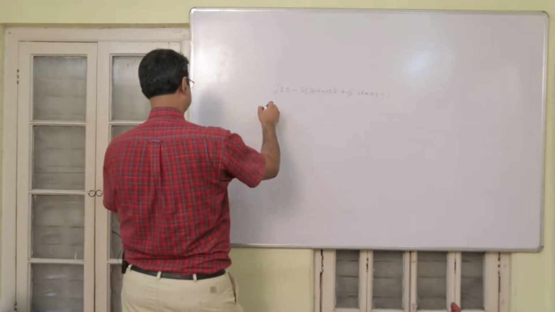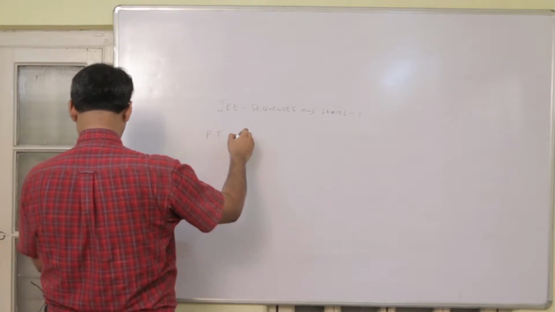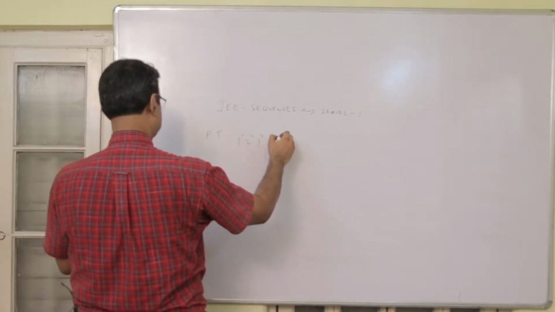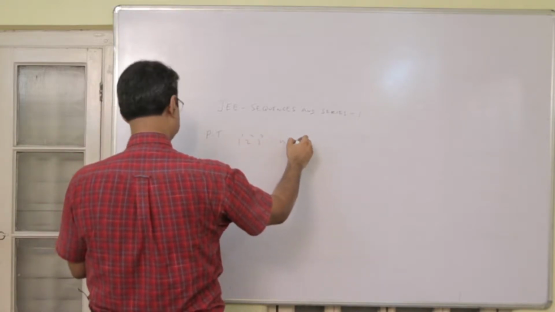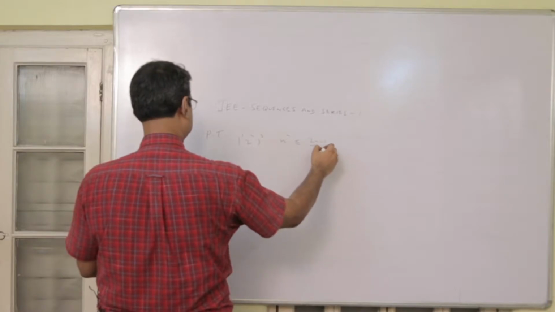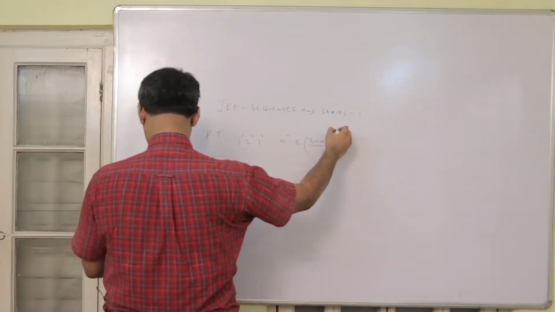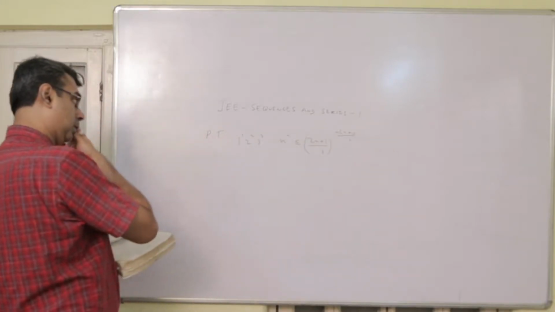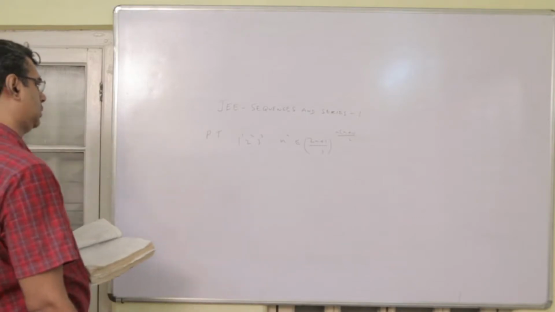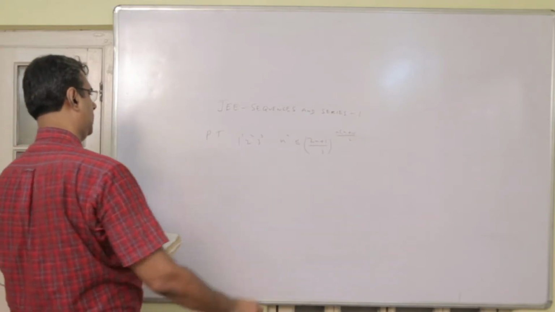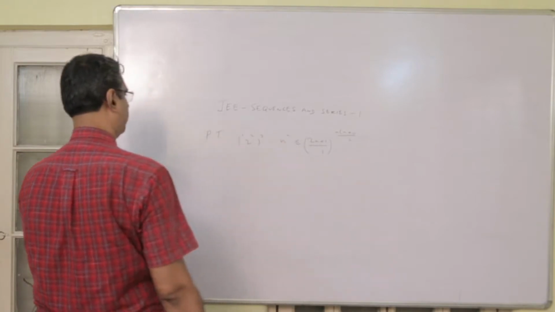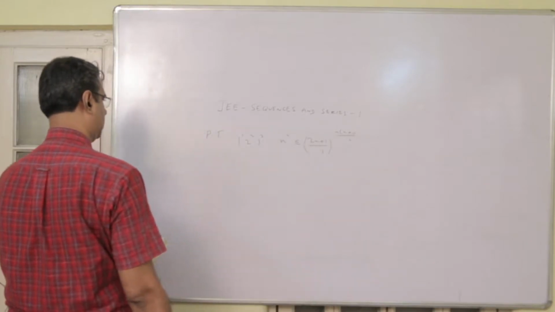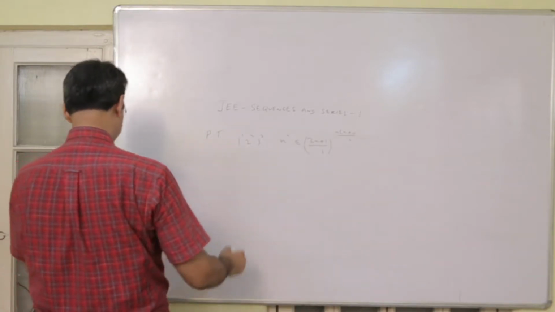For example, suppose we have to prove that 1 raised to the power 1 into 2 raised to the power 2 into 3 raised to the power 3 up to n raised to the power n is less than or equal to (2n plus 1 by 3) raised to the power n into (n plus 1) by 2. Suppose we have to prove this inequality.